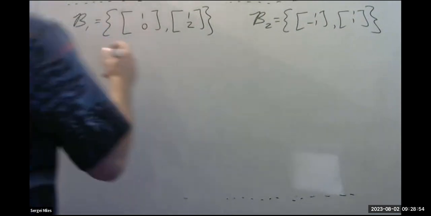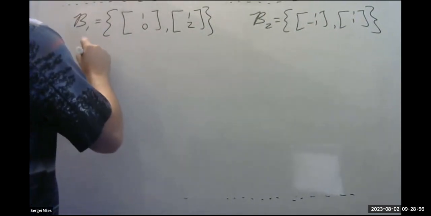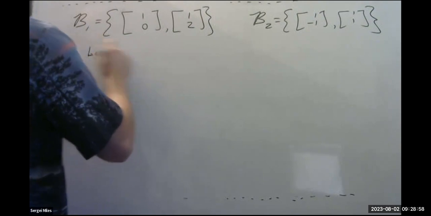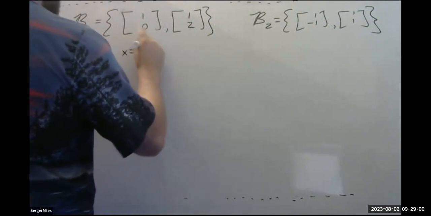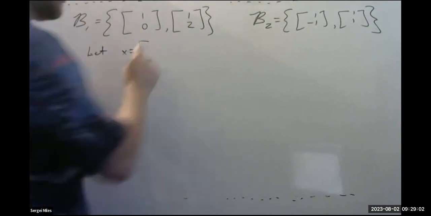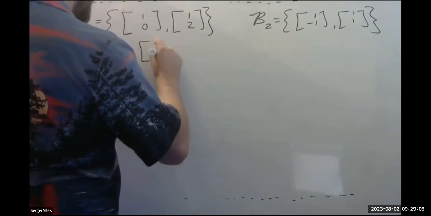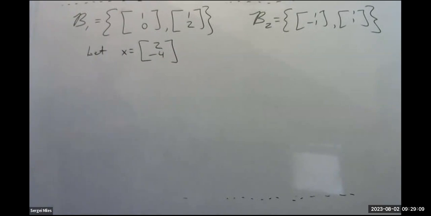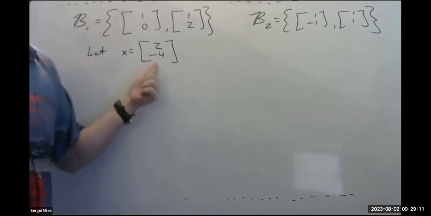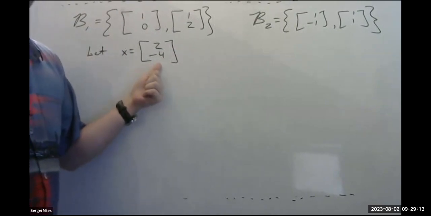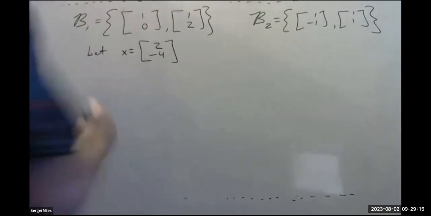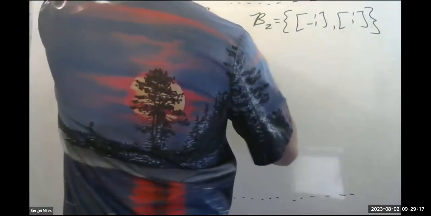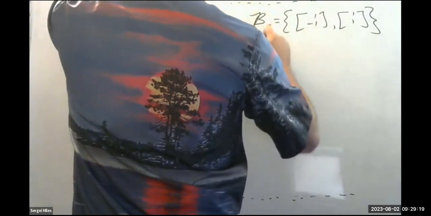Now we can say, let's let x equal the vector (2, -4). You can imagine, as we discussed in yesterday's work in 4.5, x could be the target location we're trying to reach, right? In terms of the standard basis, recall, what is the standard basis?